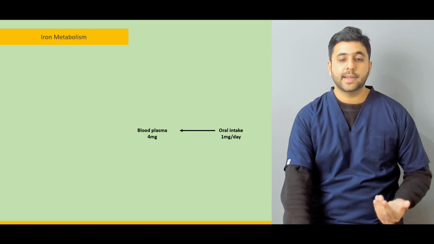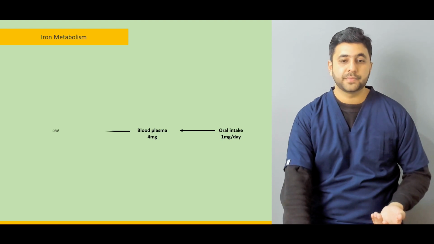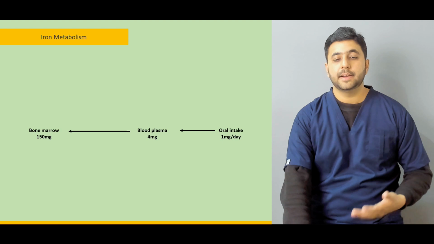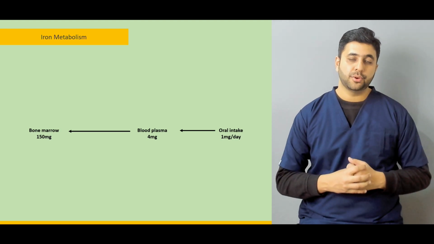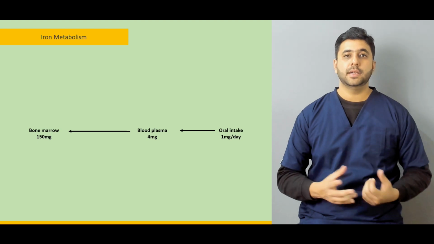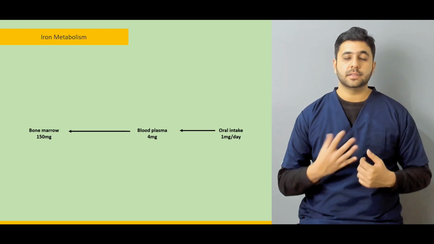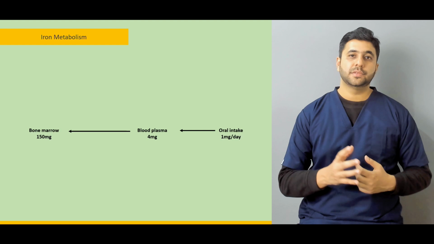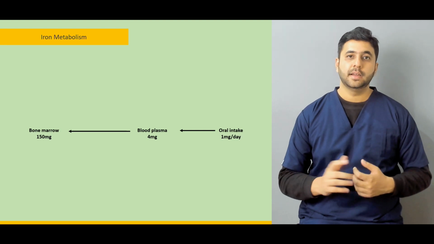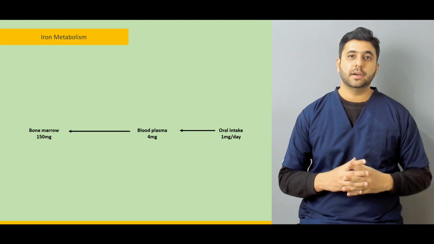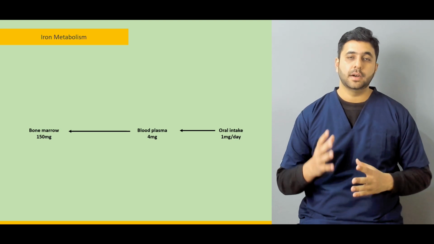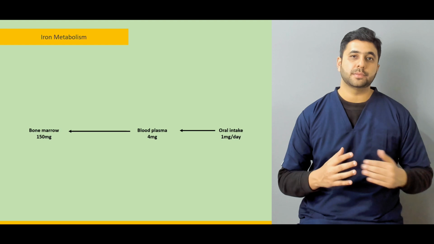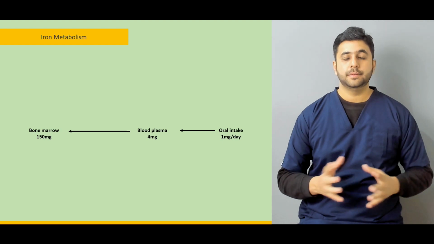After moving into the enterocytes, it goes into the blood plasma. From the blood plasma, the iron is bound by a soluble protein called transferrin, which is produced in the hepatocytes. Transferrin, as the name indicates, transfers iron. You can think of transferrin as an iron binding protein, in which form iron is transported across the blood.